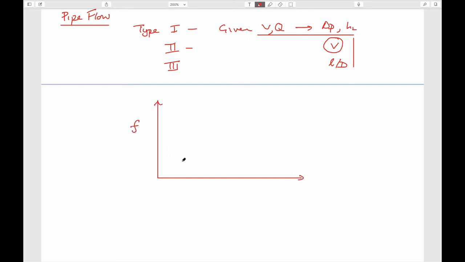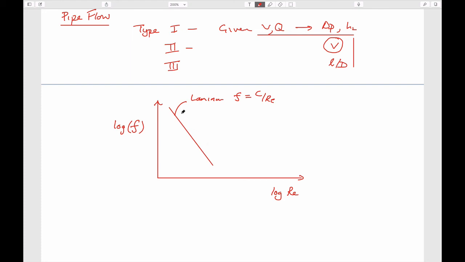It's on a log scale versus log of Reynolds number. And there are two essential components to this. This laminar behavior is that the friction factor is some function divided by Reynolds number, because it has a slope in log-log space. I guess this is log friction factor here.